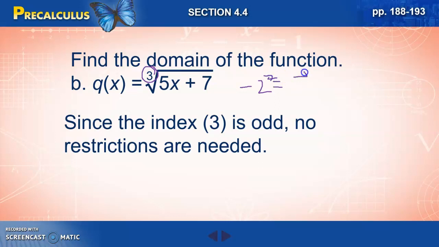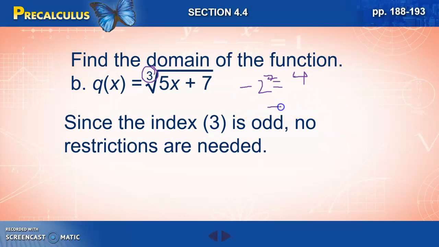So negative 2 squared, we're always going to get a positive 4. We can't ever have a negative number under the root symbol there. But we can take a negative number and cube it and still get a negative number. So it is possible to find the cube root of a negative number. It's not possible to find the square root of a negative number, but it is possible to find the cube root of a negative number.